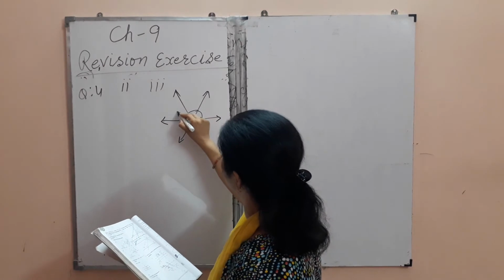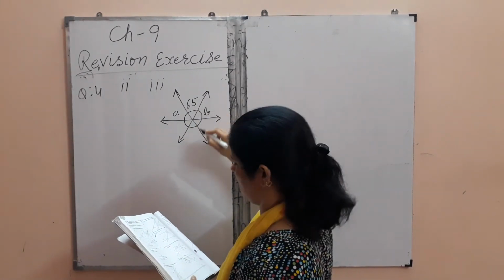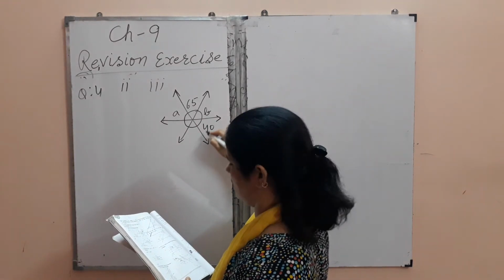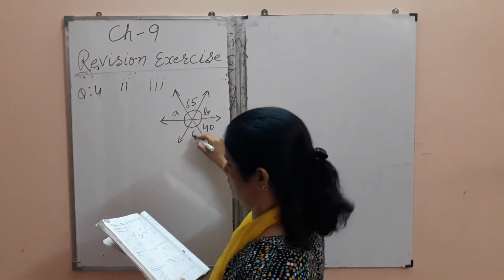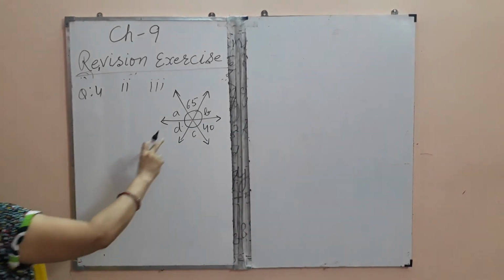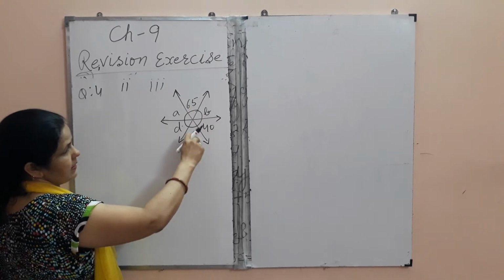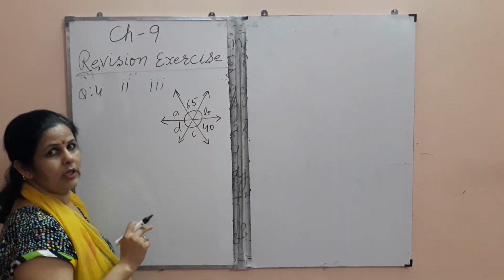A, 65, B, 40, C and D. So in this we can clearly see that this is a cross, and angle C and angle 65 degree are vertically opposite angles.